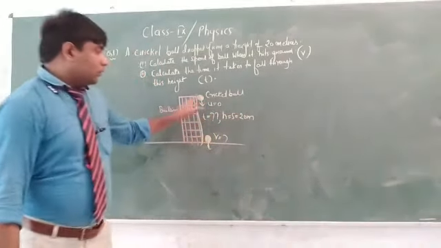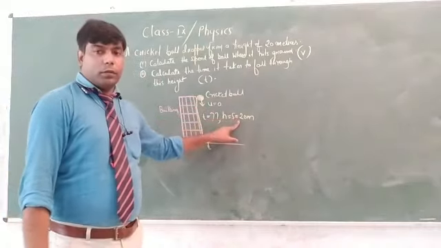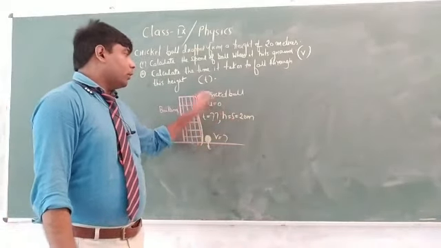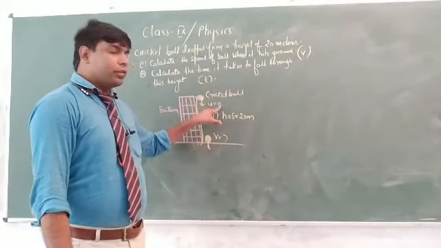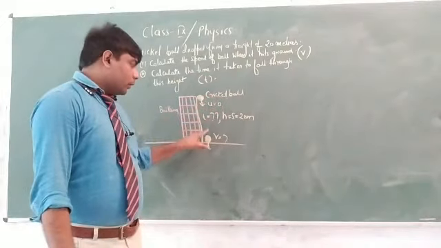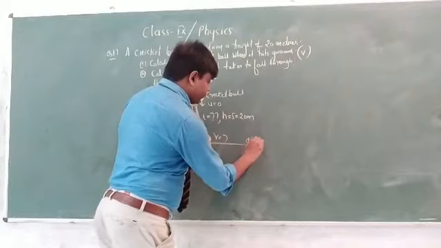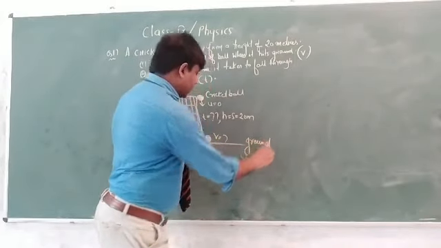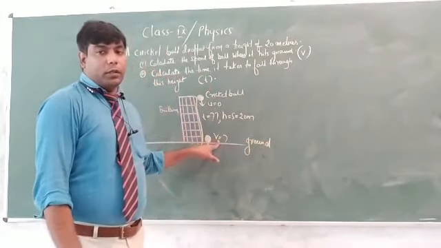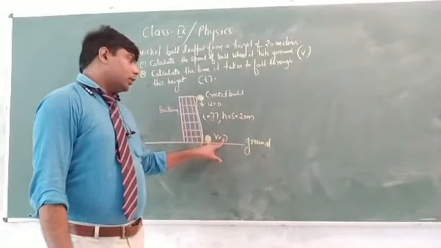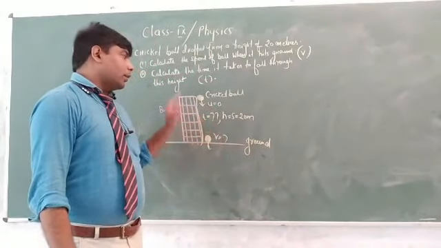See, the height of the building is 20 meters. The cricket ball will drop from the top. Initial velocity is 0. It will come down, and at this point, this is the ground. Here the velocity is v. We have to calculate this velocity, and also the time.